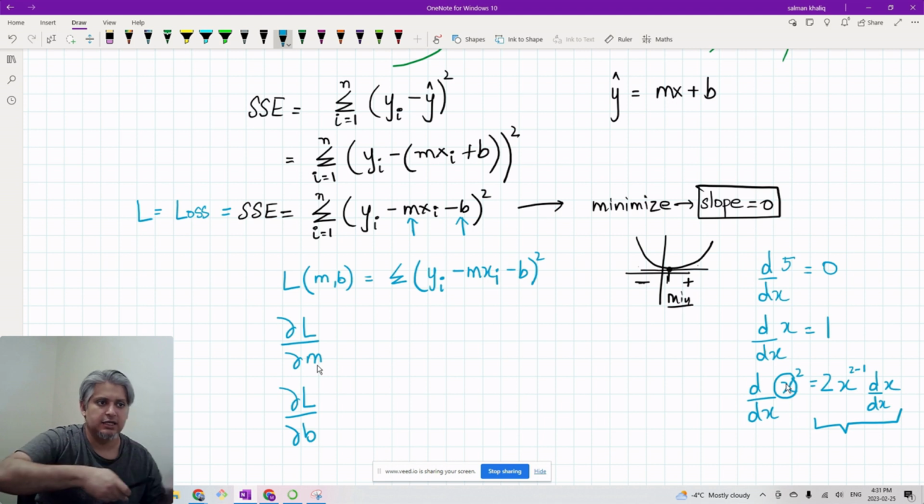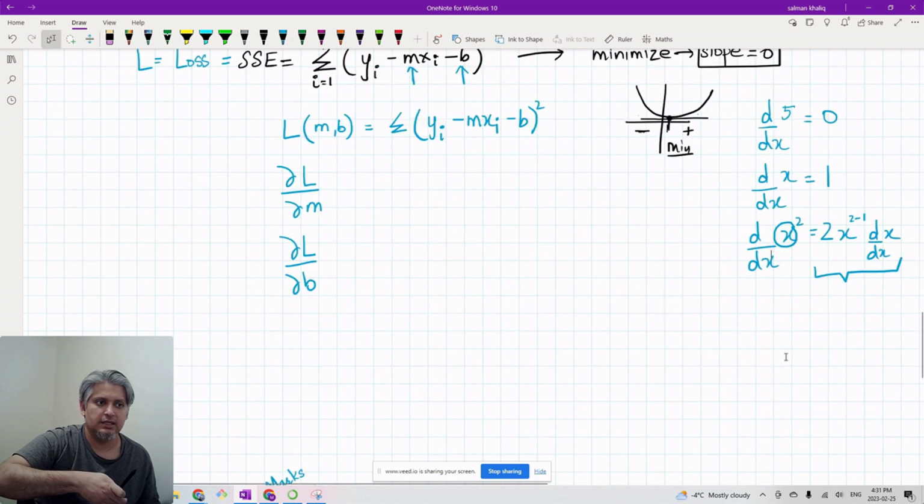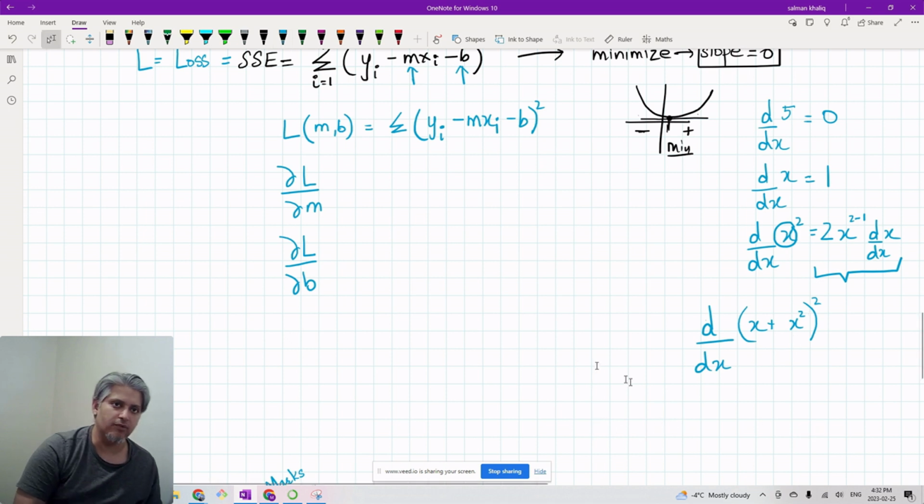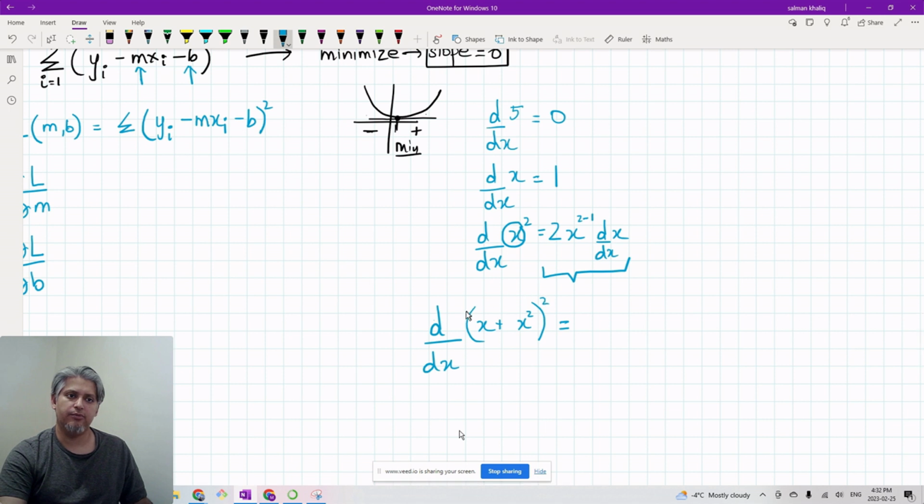Does that make sense? So what I mean to say is the chain rule would look something like this. I would take (x + x squared) whole squared. So first thing first, how should I do this equation? In order to do this particular equation, first I'm going to bring down this 2.